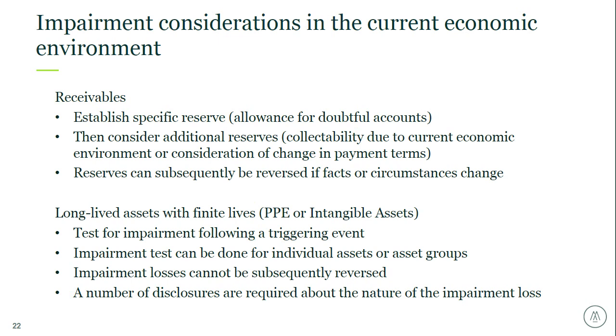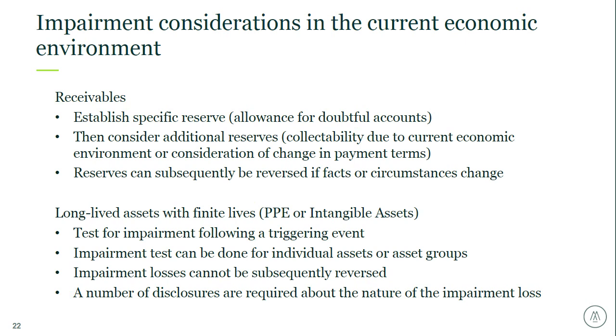And to elaborate on a few things that Adam just talked about, we continue to see more in the current environment the need for impairment considerations. Given the current economic and business environment, many more assets may be impaired related to prior periods.